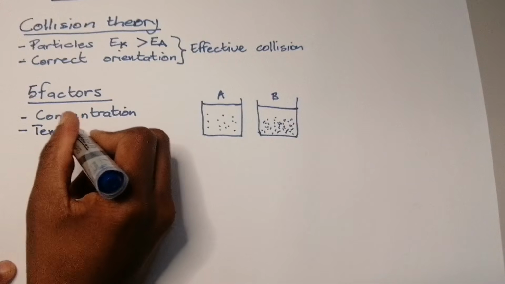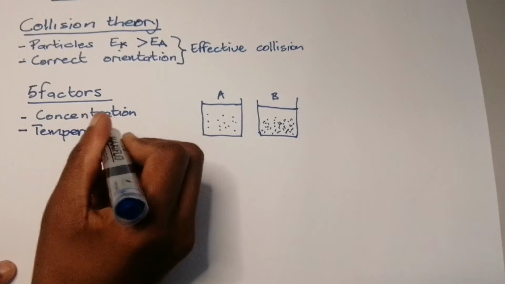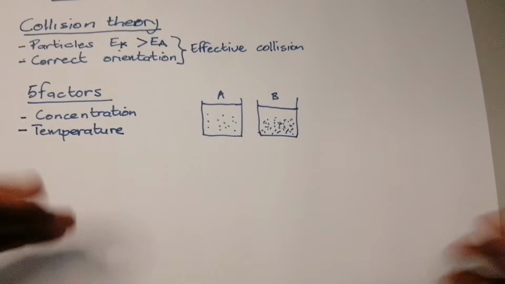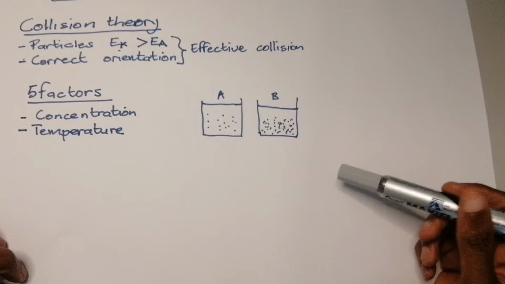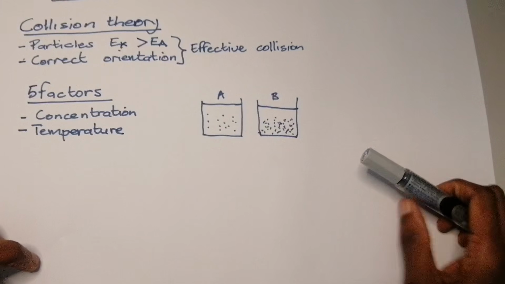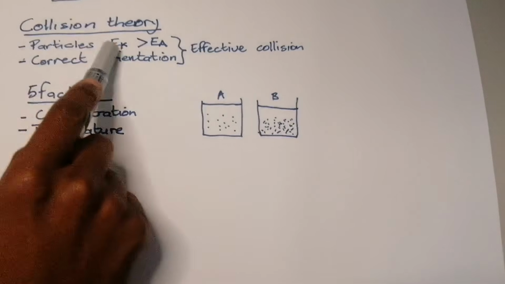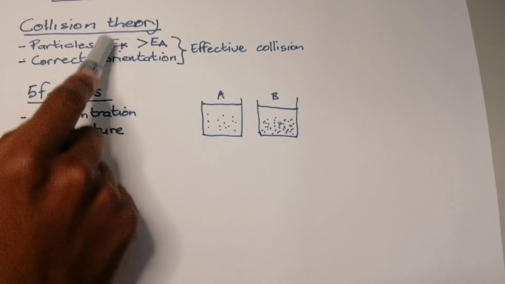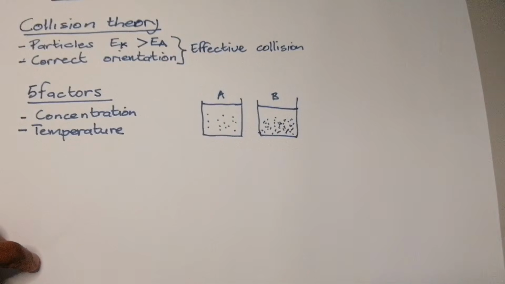And then the second factor is temperature. The next factor that affects the rate of a reaction is temperature. What is temperature? It's the measure of the average kinetic energy. For any reaction to take place, the particles must be moving with a kinetic energy that's greater than the activation energy.